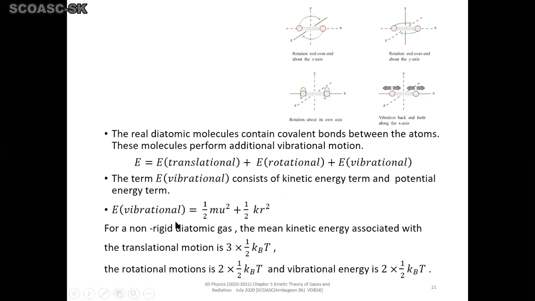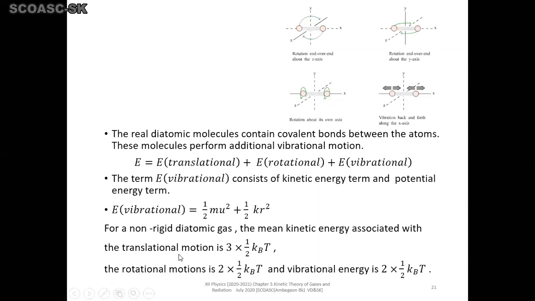Now, how do I write down vibrational kinetic energy? Half mu v squared, where v is the velocity. And for this term, if you remember, we have done this expression, potential energy in oscillatory motion, right? In oscillatory motion, we found the potential energy, and instead of r, we had used x there. That is the only difference. Half k x squared is what we had used, right?